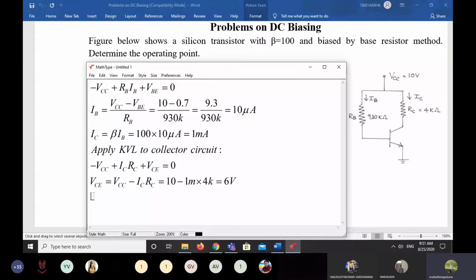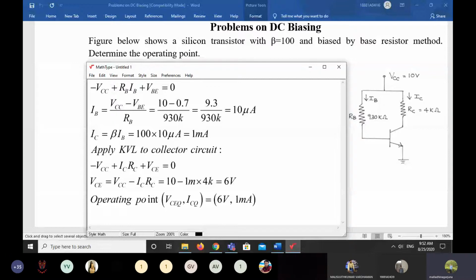Now the operating point is VCEQ, ICQ, so Q equals 6 volts, 1 milliampere. This is the answer for the first question.